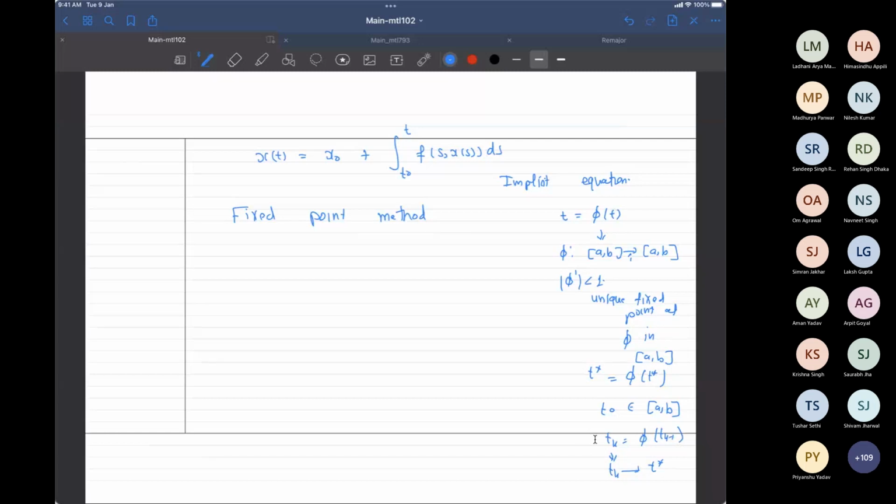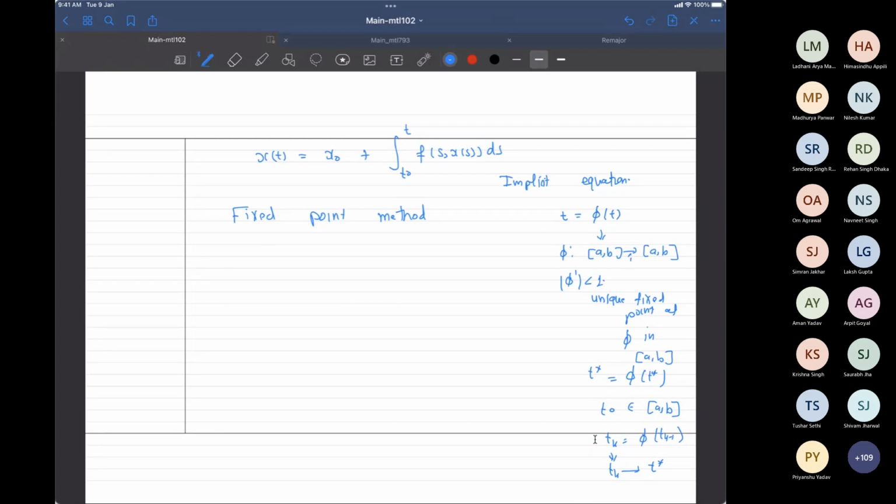Now we'll do something like this. We'll take the approximation idea, not the theorem, and try to see under what condition this applies to our case.